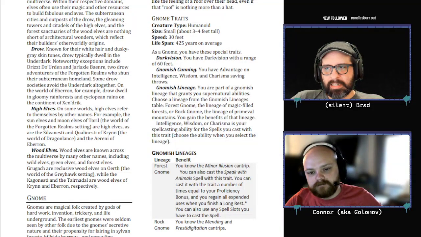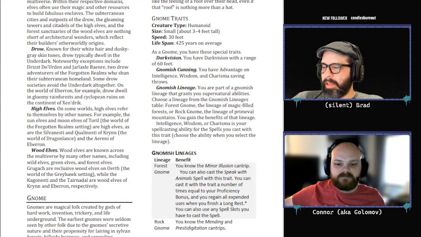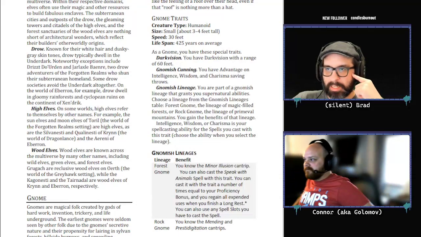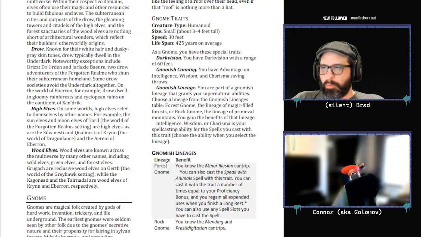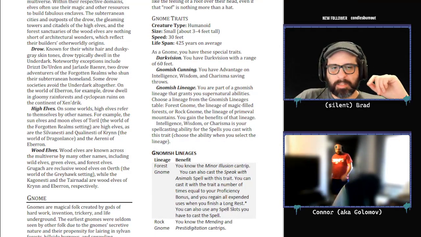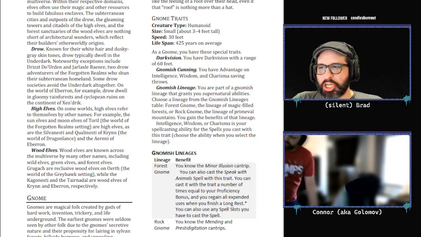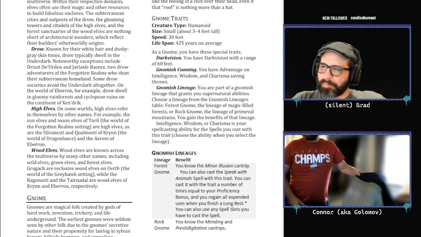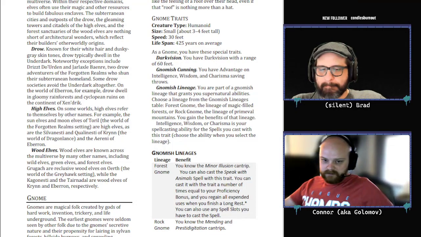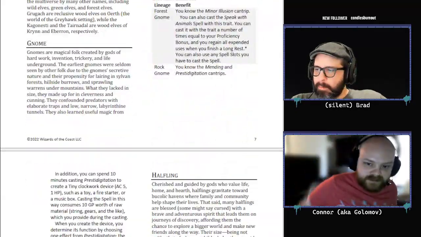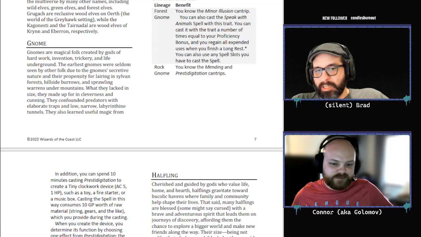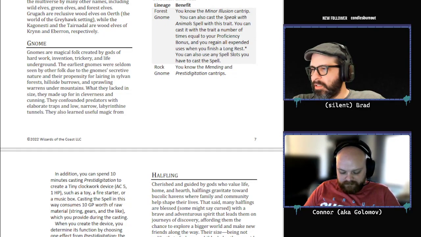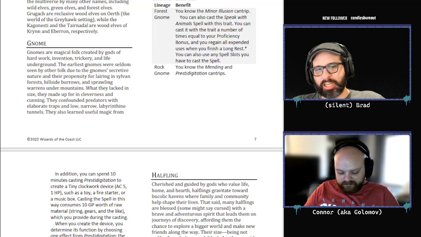Someone was mentioning that's pretty strong, and then someone else on that same stream said, well, if you're making an Int, Wis, or Charisma save, you're probably making it against magic anyway, so it's not really changing it too much. That'd probably be pretty strong for me, the advantage on those three. But compared to the spells, who's doing that against you without casting magic anyway?